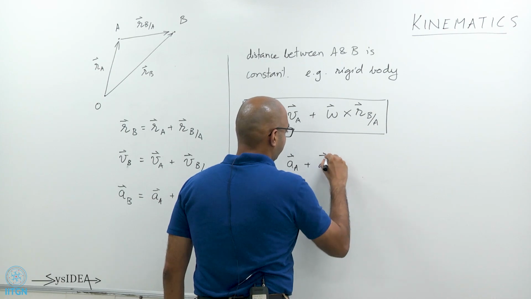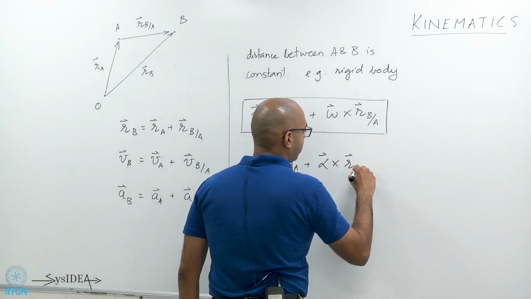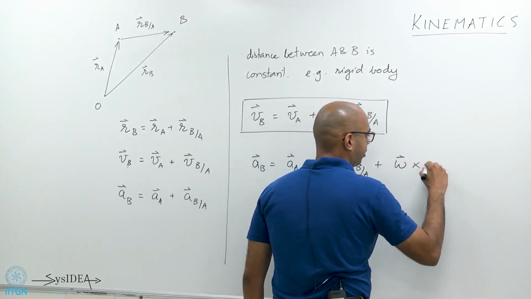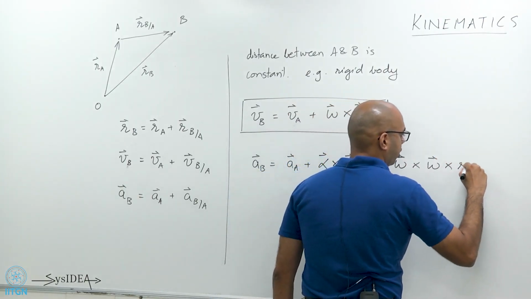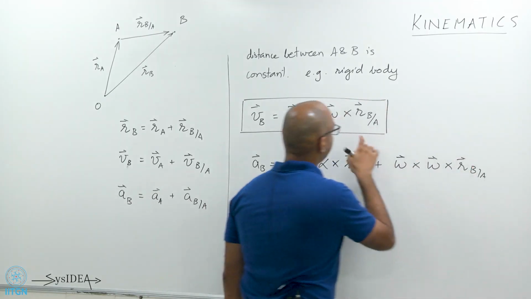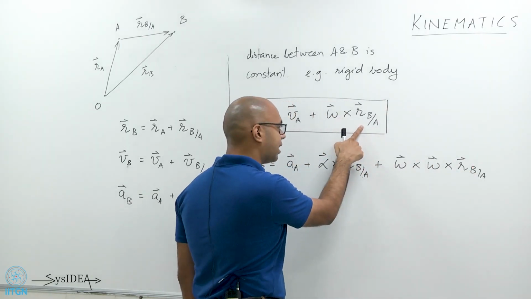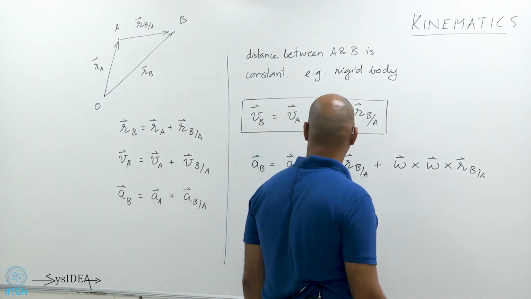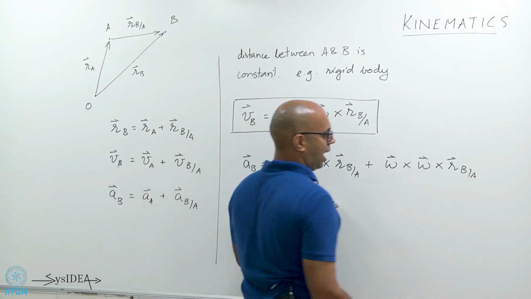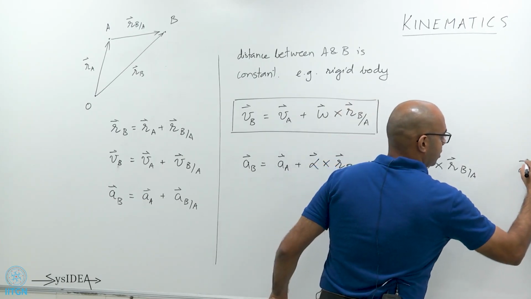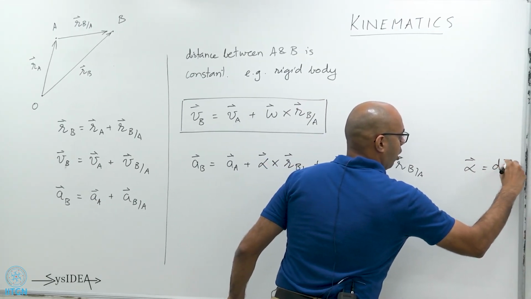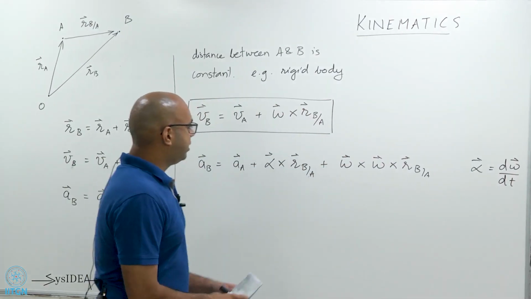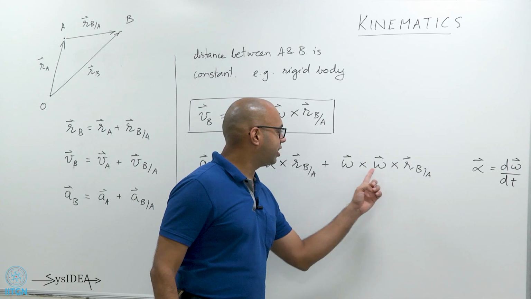So, I would get alpha cross RB with respect to A plus omega cross RB with respect to A. What I did is derivative of this is again omega cross that because it has constant magnitude. Now, here alpha is simply the derivative of omega, which is the angular acceleration, and this term is 0 because omega cross omega is 0.